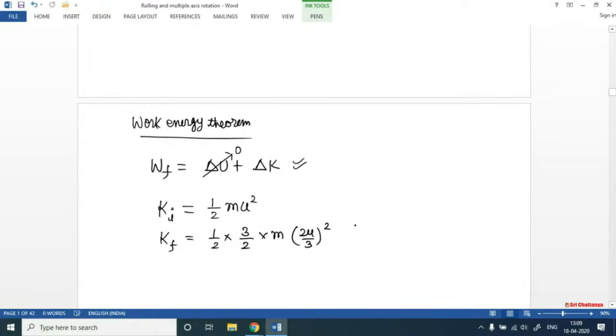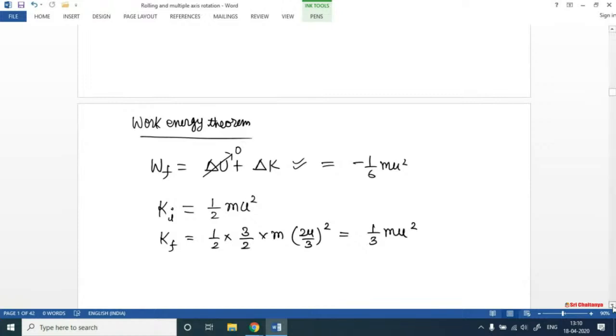So the final kinetic energy turns out to be 1 by 3 mu square. Obviously delta k is kf minus ki, which is equal to minus 1 by 6 mu square. So this is another way to find the work done by friction.